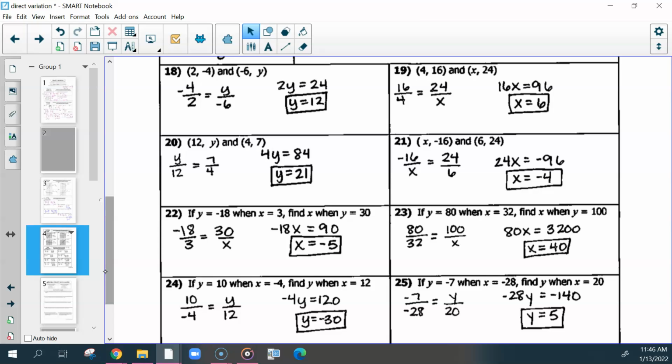But for 19, x was 6, 20, y was 21, 23, x was 40, and 24, y was negative 30. Anyone have questions on any of those 4 or want to see it done the other way?